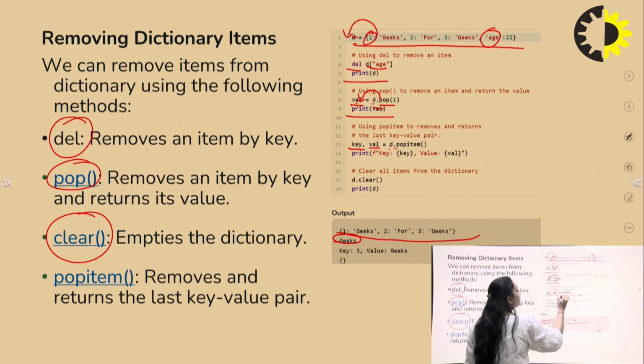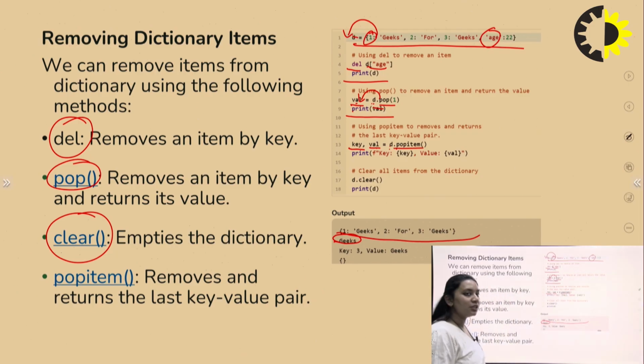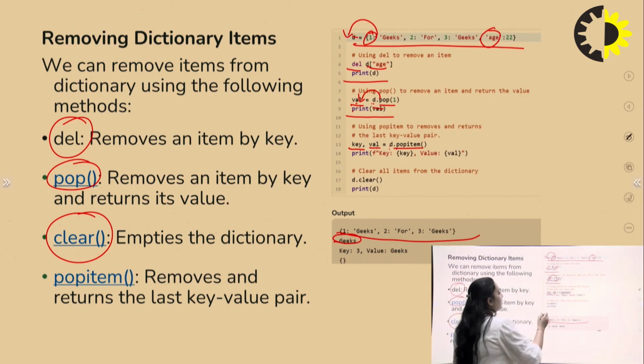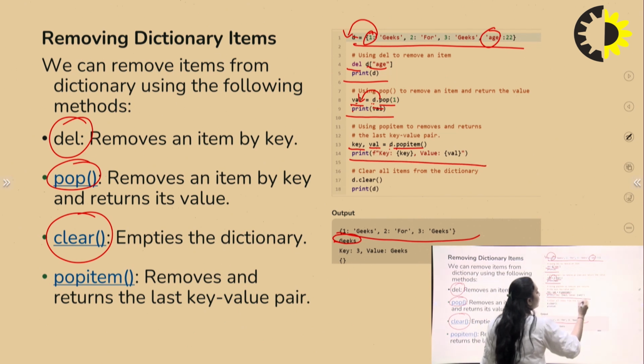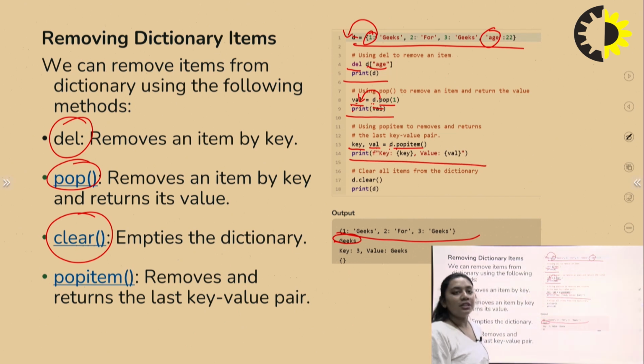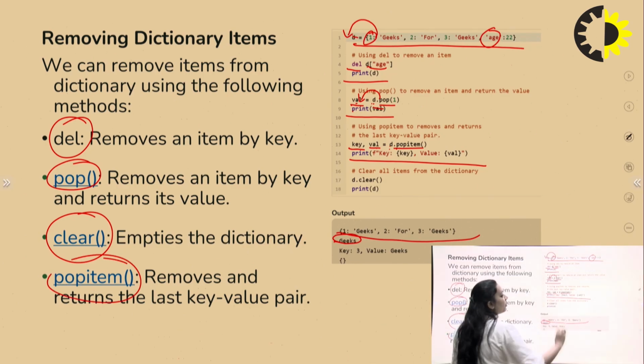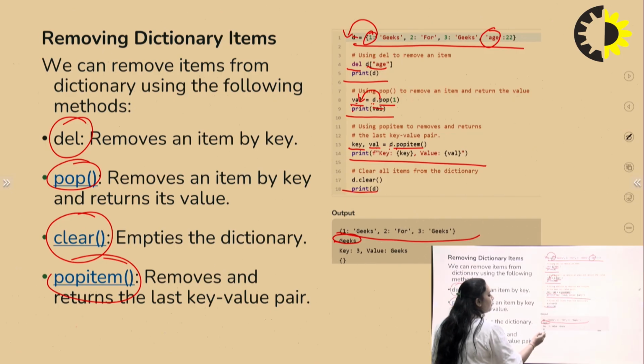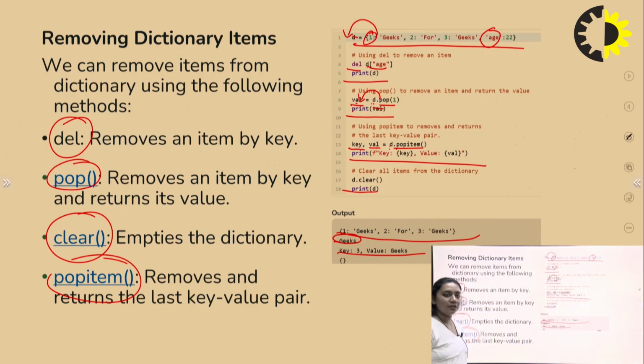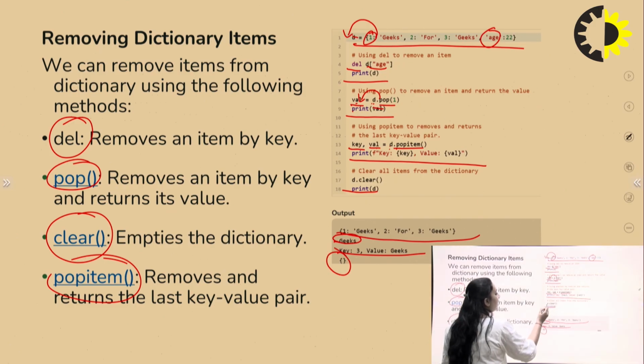Then D dot popitem, and you can write the print function for the key and value you popped, right? Oh, sorry, I just explained the popitem function, right? So just write the popitem function and print D. It gives you the next value, right? And for clear, it gives you an empty dictionary. Just simply write the D dot clear function.